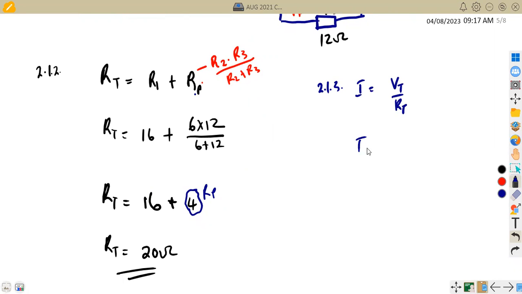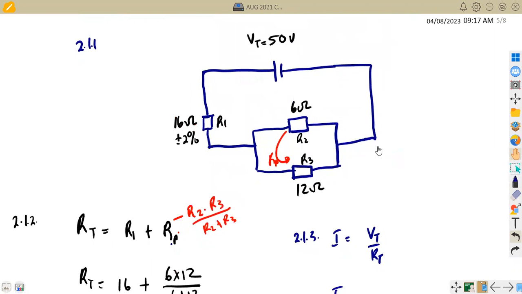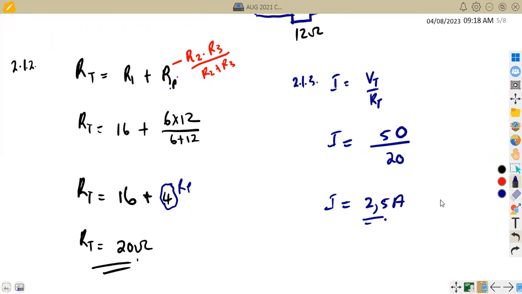The total voltage is 50 volts, over the total resistance we calculated, which is 20 ohms. So our current is going to be 2.5 amps.